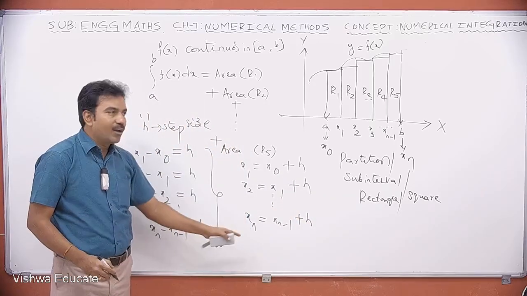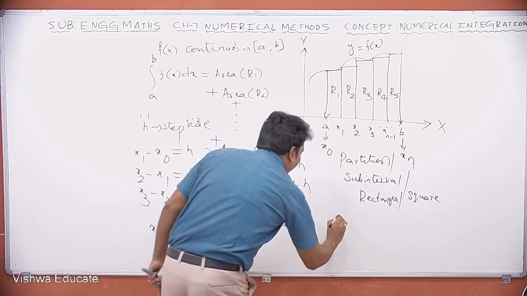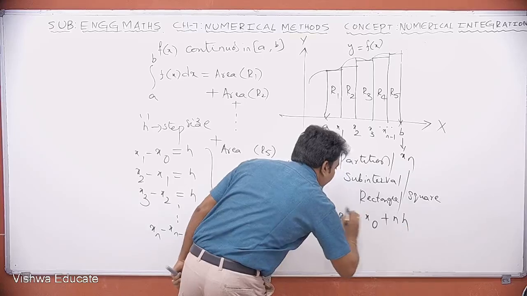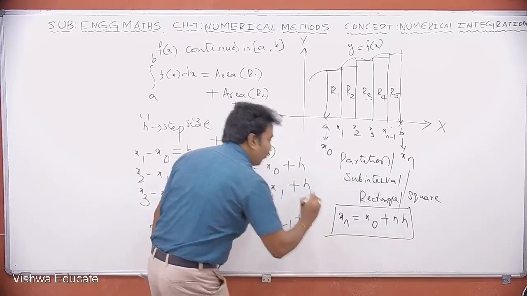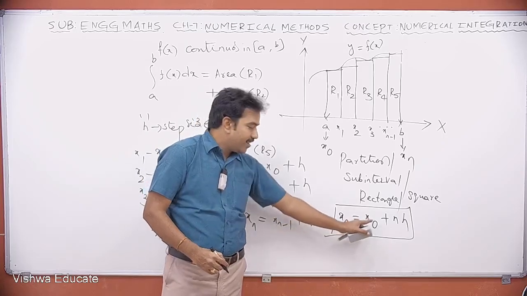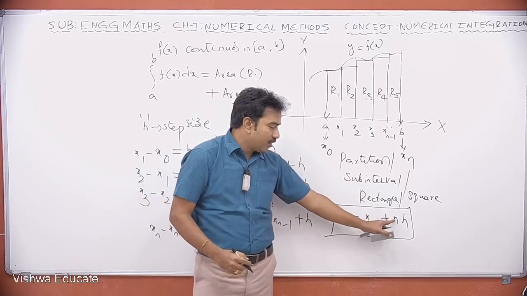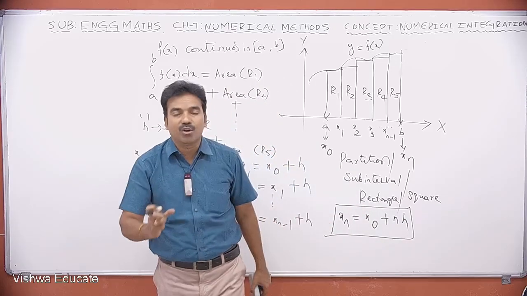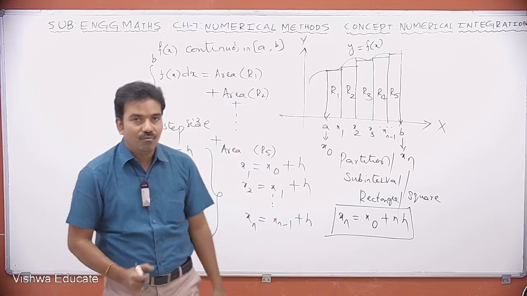Now when you combine all these equations, finally the result becomes xn equal to x0 plus nh, where xn is the upper limit, x0 is the lower limit, n is the number of subintervals, and h is called the step size, which represents the difference between consecutive x values, right?